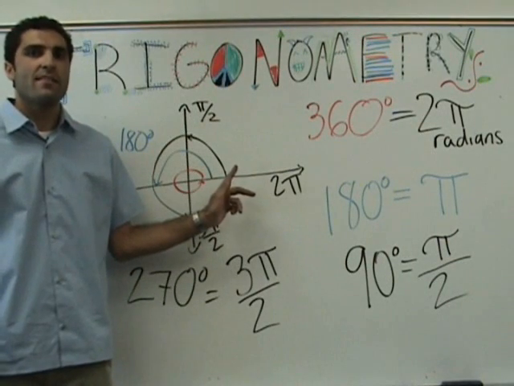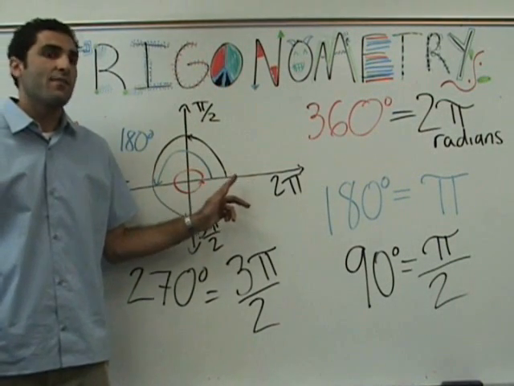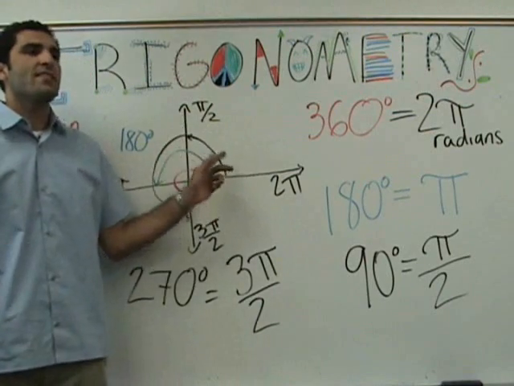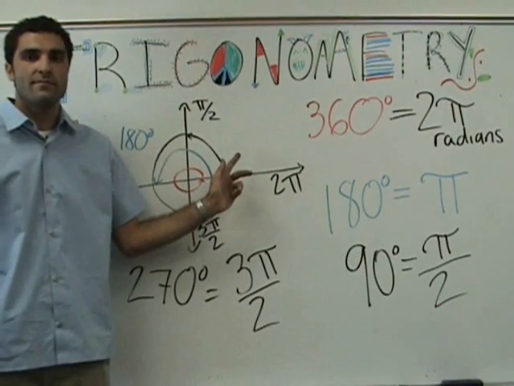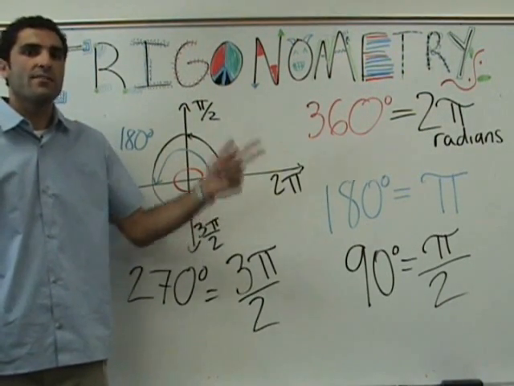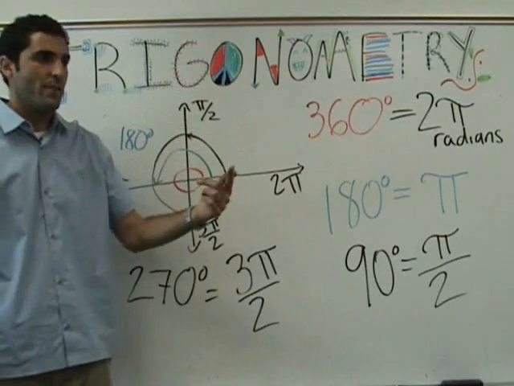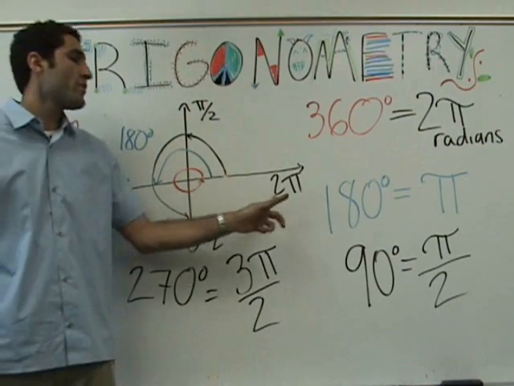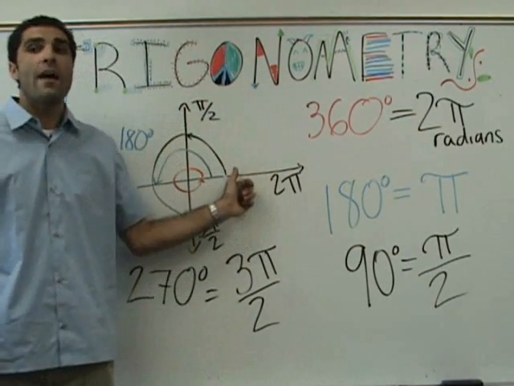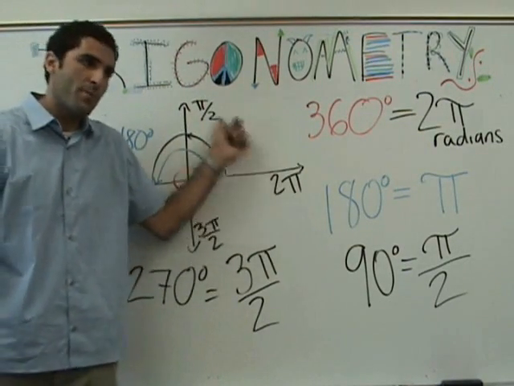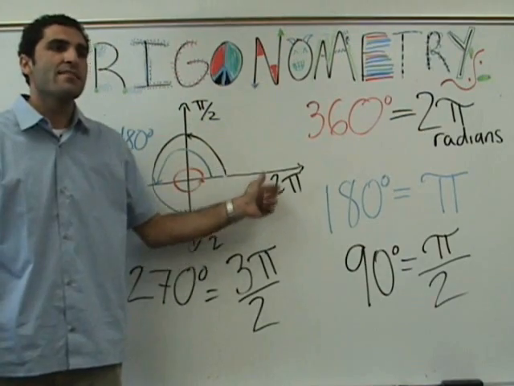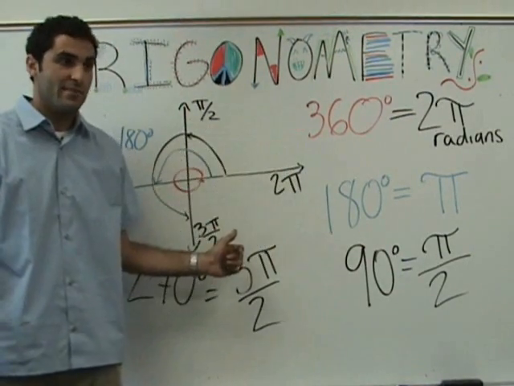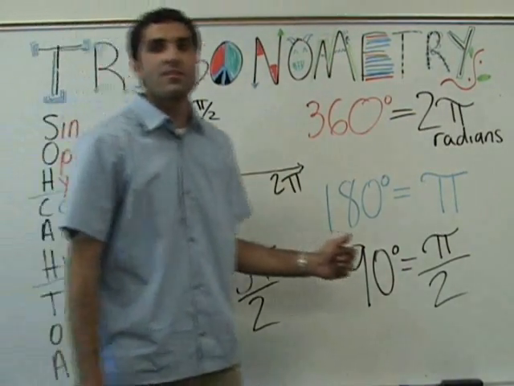And at the same place if you go 0, 360, or 720? 720 is 2 revolutions. So you're at the same place if you go 0 or 2 pi, or 4 pi, or 6, and 8. A lot of pi.